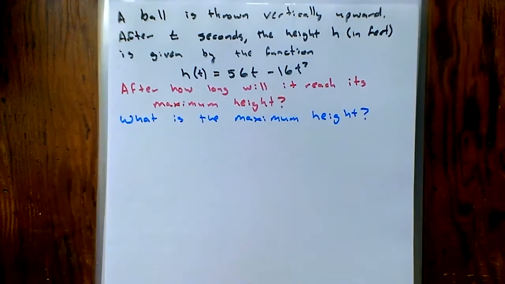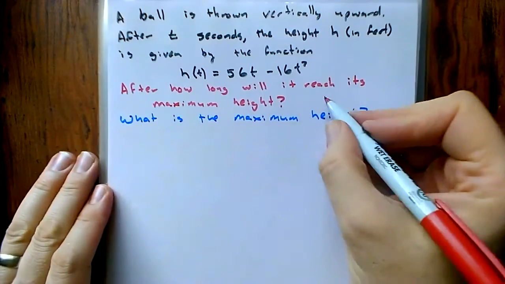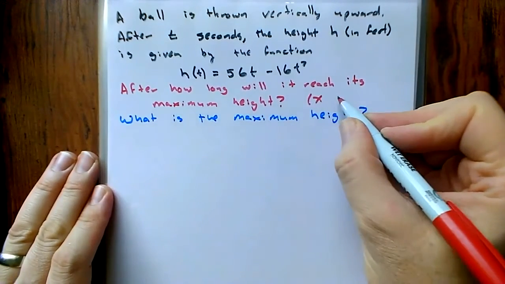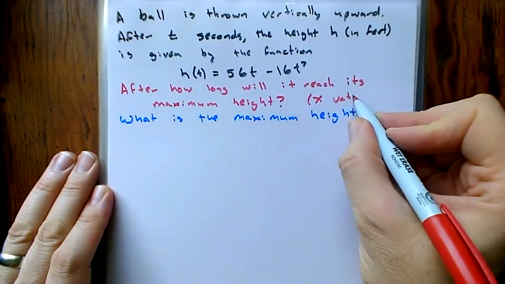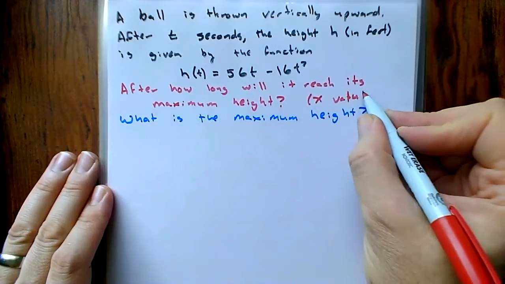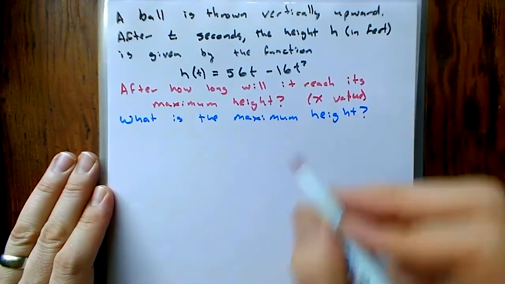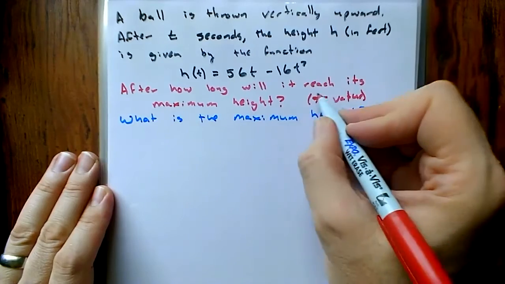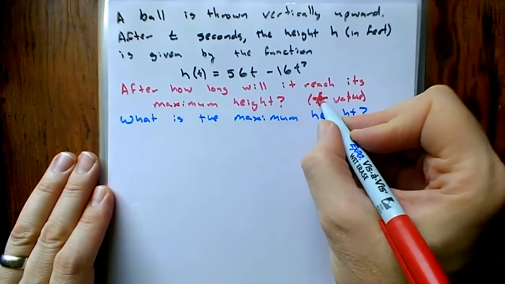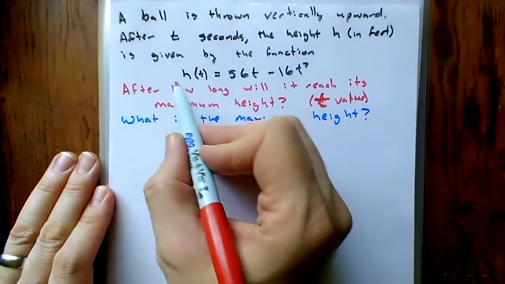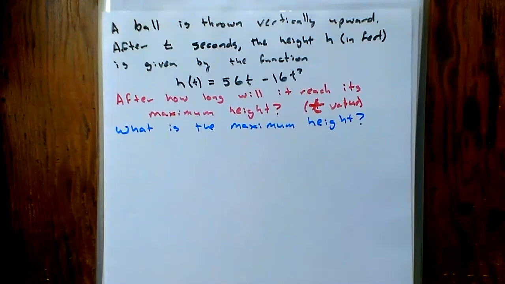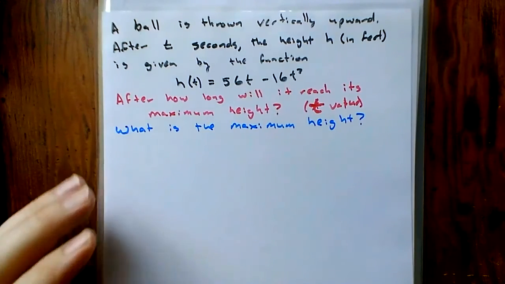This is going to be that x value, or in this case, it's actually the t. So maybe I shouldn't say x, I should say that t value. What is the maximum height? Well, that is the y.